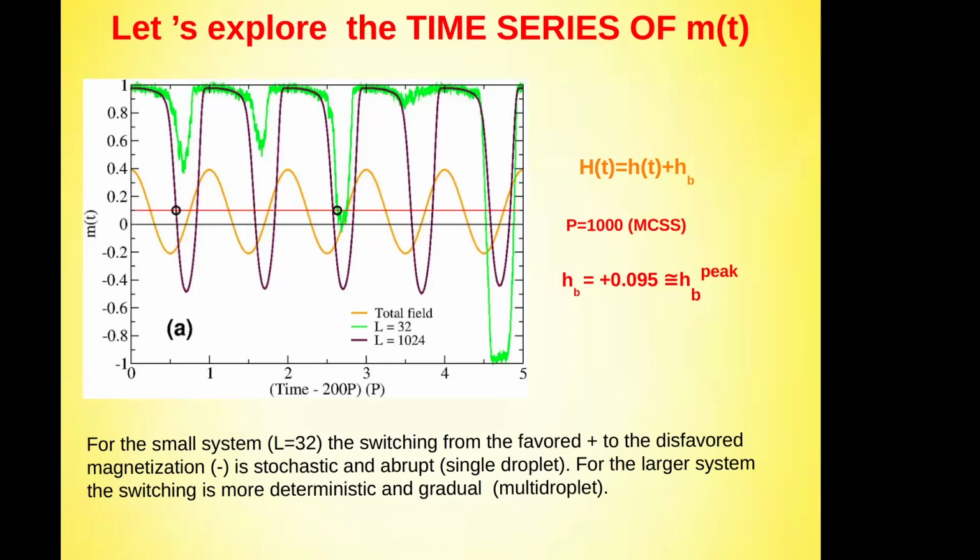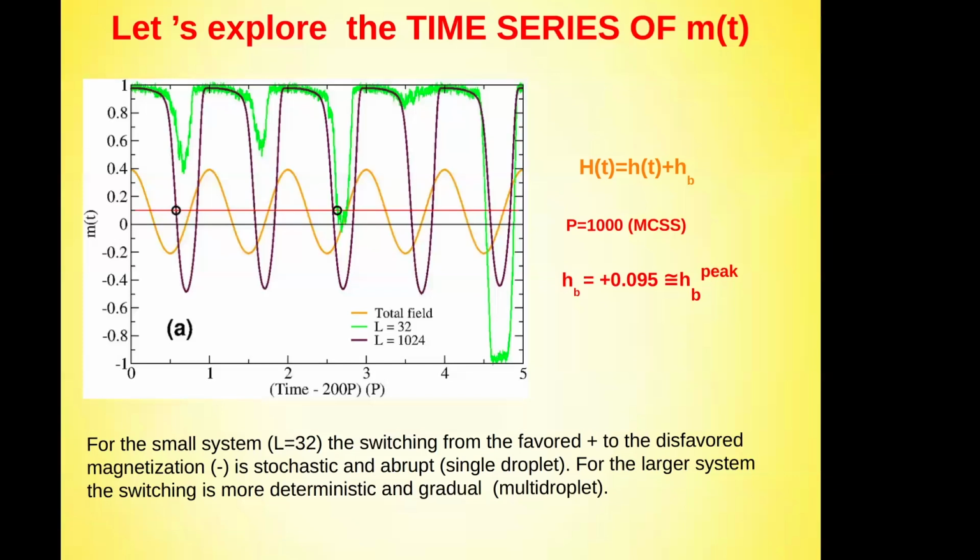But what happened is that now it's not the same for the spins switching from the positive to the negative than the opposite. Why is that? Because the bias introduced this asymmetry. So it is harder for them to reach the negative stable state, that we will call the unfavored one.